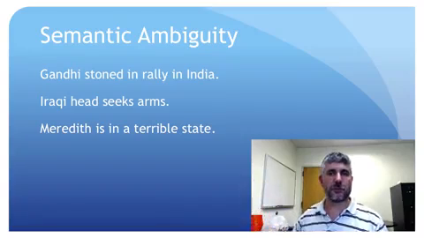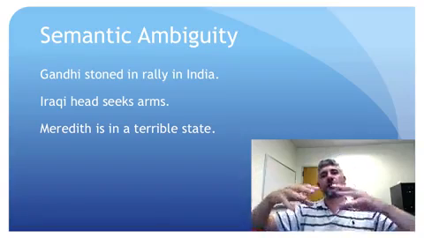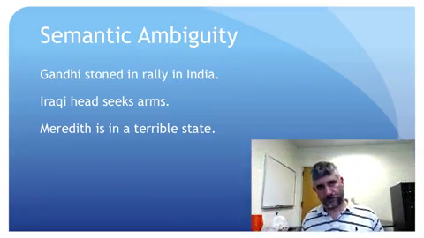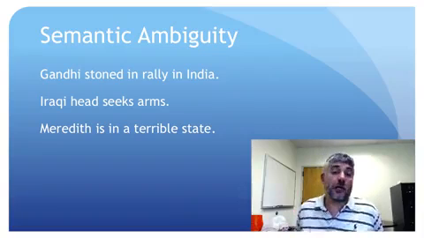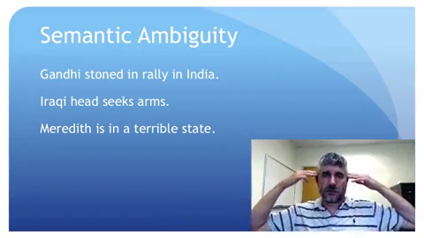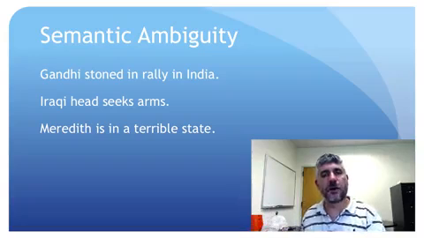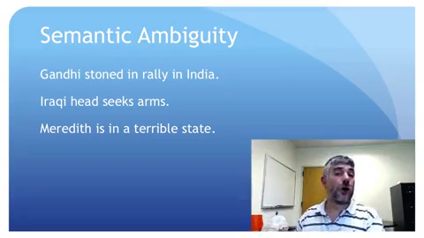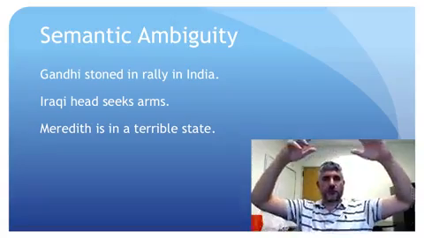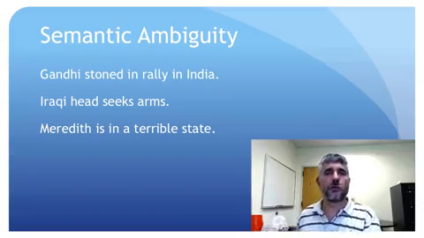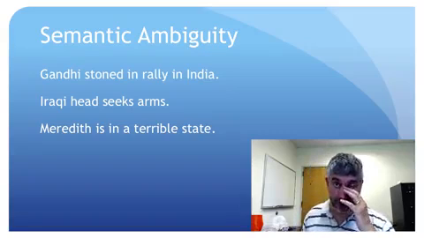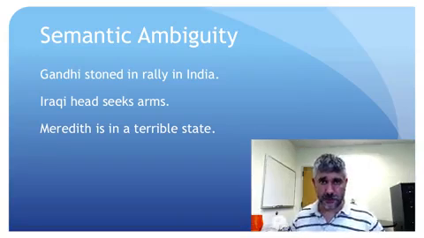That's to say, the leader of some organization. Arms could be understood to mean these appendages, or they could be understood to mean weapons. So that sentence has two words, each of which is semantically ambiguous.